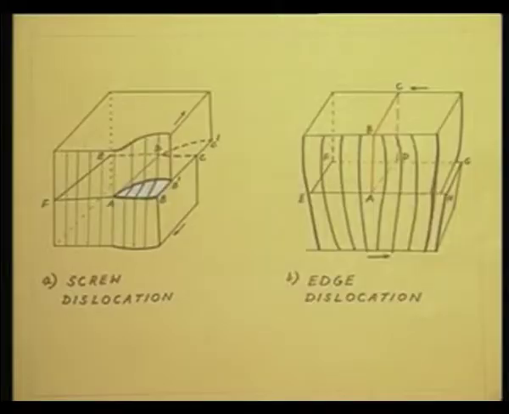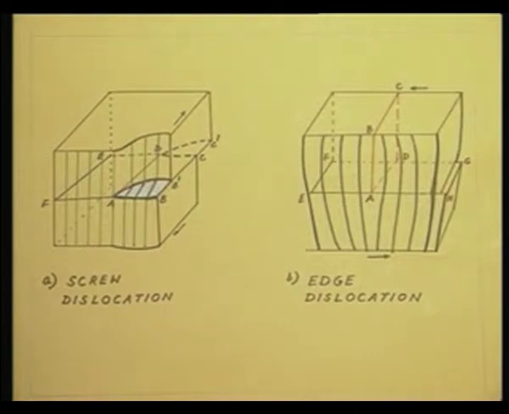Now, here I have the schematic diagram of the two types of dislocations that are found in a crystal. One is called a screw dislocation, the other is called an edge dislocation. So, look at the screw dislocation. This is an ideal crystal.